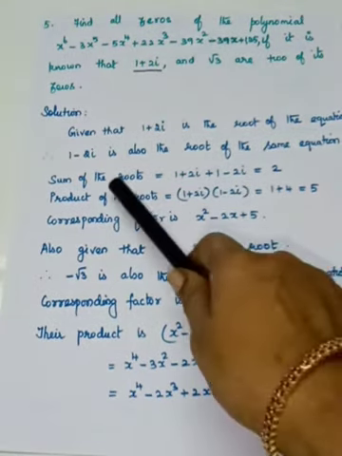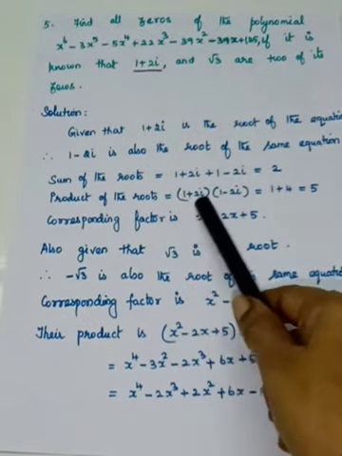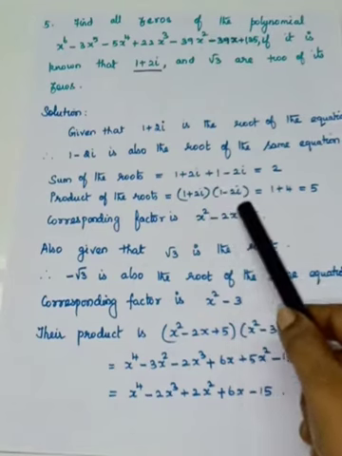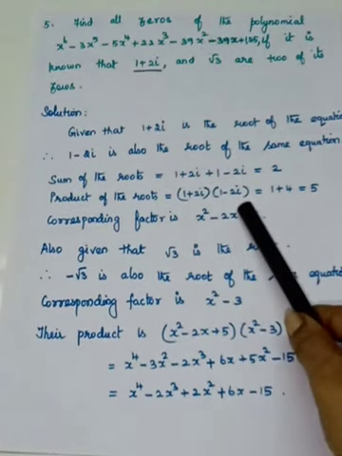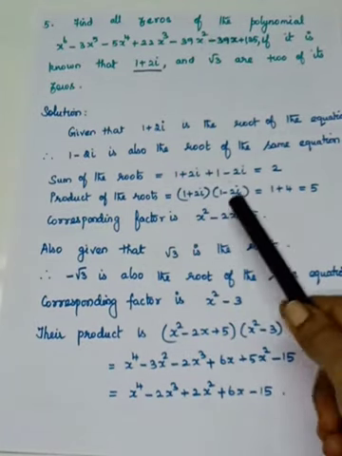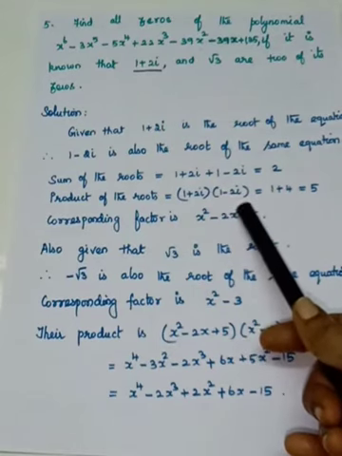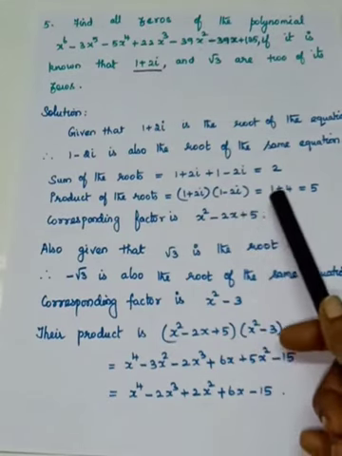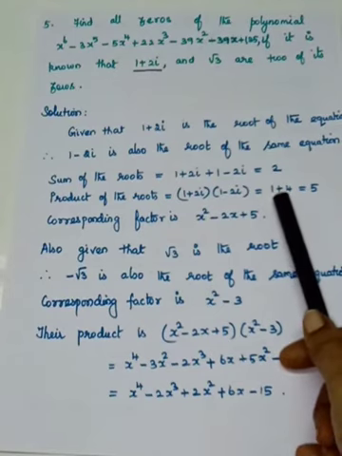Then you have to go for the product of the roots. So 1 plus 2i into 1 minus 2i. So it is a plus ib into a minus ib. So it's an imaginary number. So z times z bar is equal to real part the whole square plus imaginary part the whole square. So the real part is 1. So 1 squared. And here you have to write plus imaginary part the whole square.